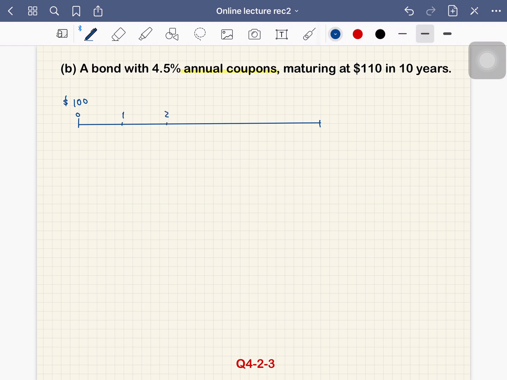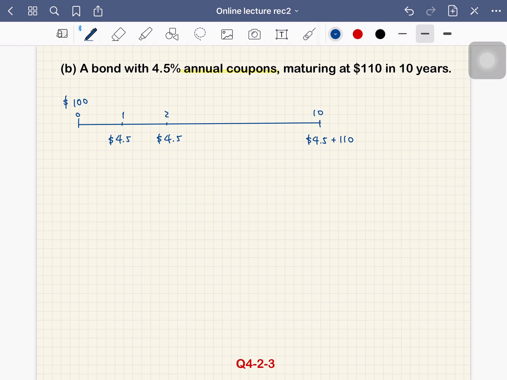So $100 at time 0, this is a cash outflow, and the cash inflow is $4.5 at time 1, time 2, up to time 10. Then the redemption value is 110 because it says maturing at 110.